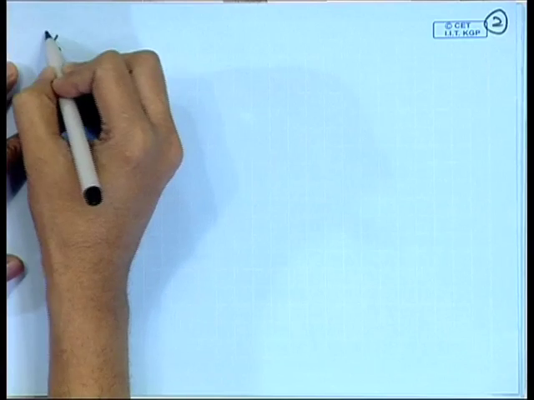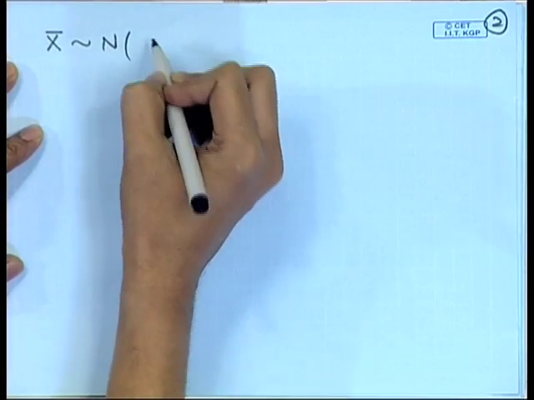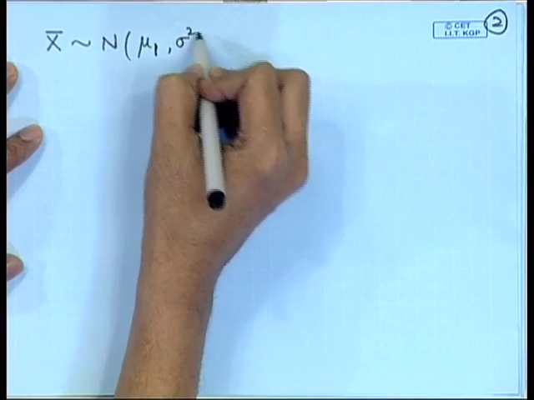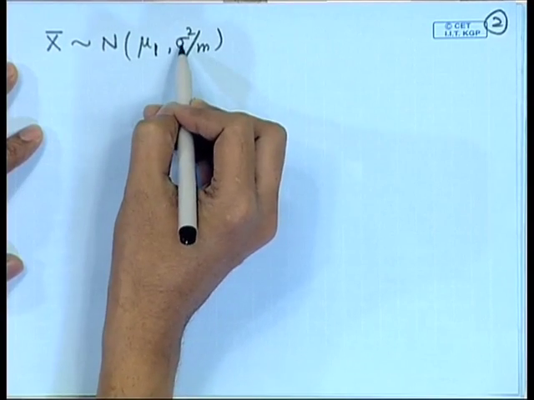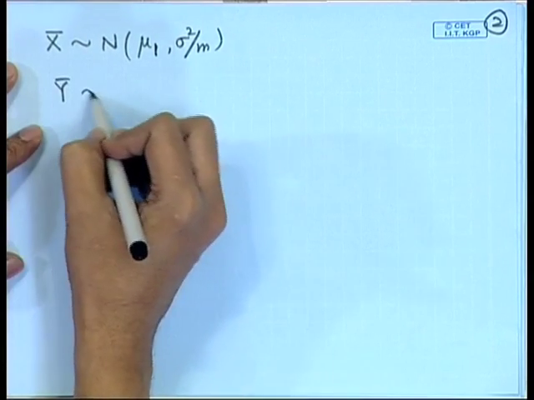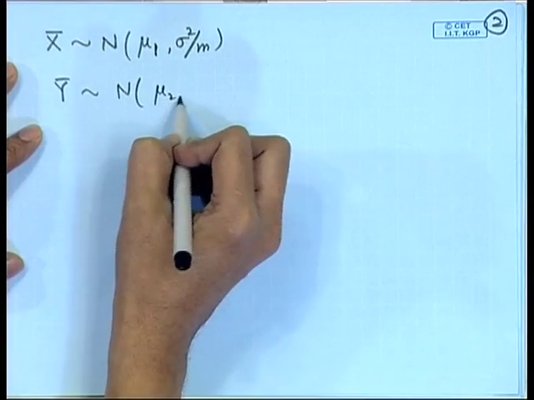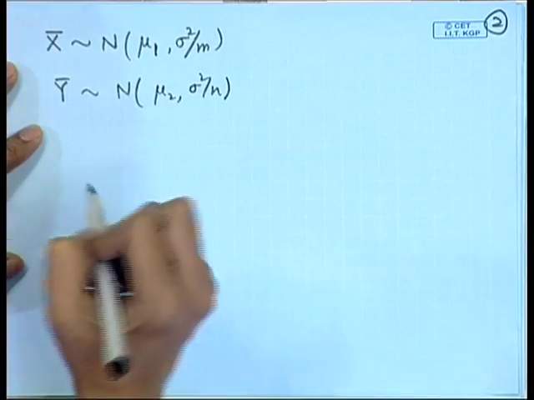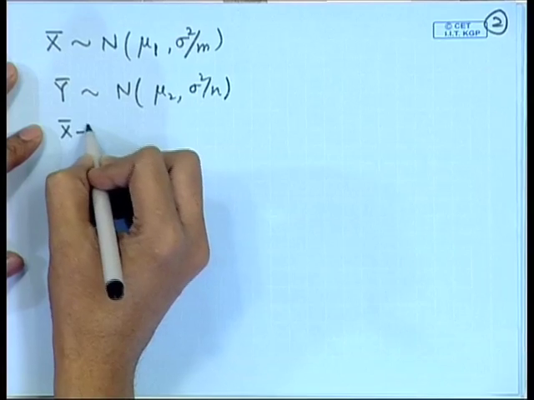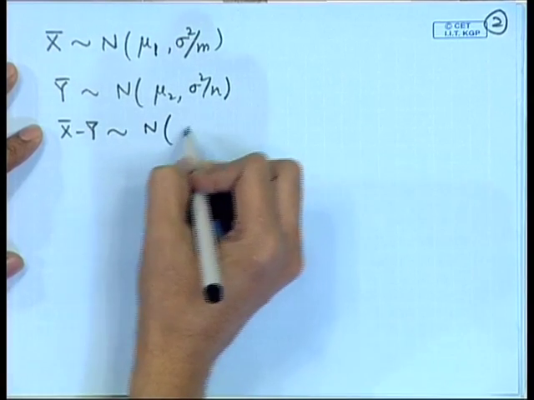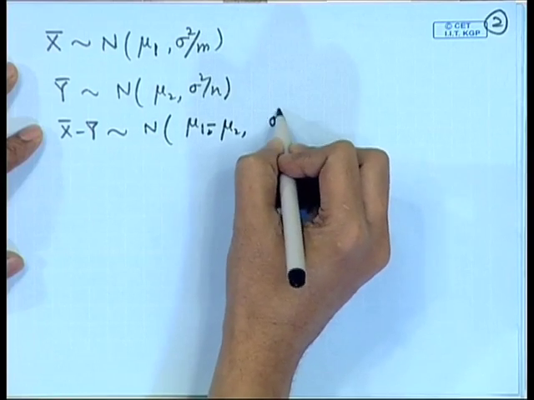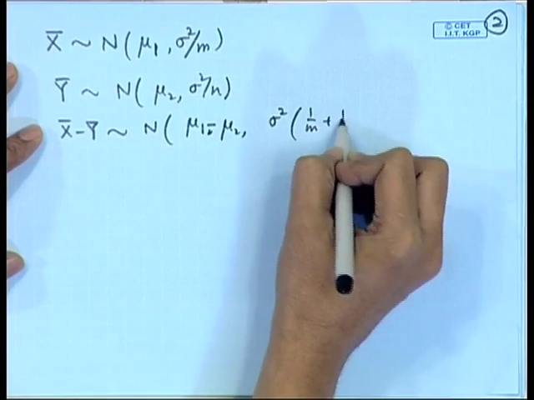If we consider these quantities, then we have the following observations, that is x bar follows normal distribution with mean mu 1 and variance sigma square by m. So, here sigma 1 square and sigma 2 square both are same. Then y bar follows normal mu 2, sigma square by n. So, if we consider here x bar minus y bar, that will follow normal with mean mu 1 minus mu 2 and variance sigma square times 1 by m plus 1 by n.